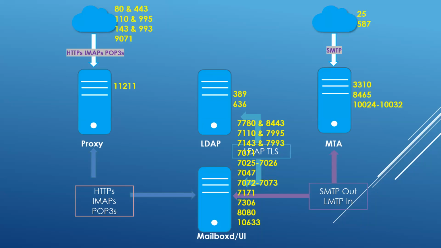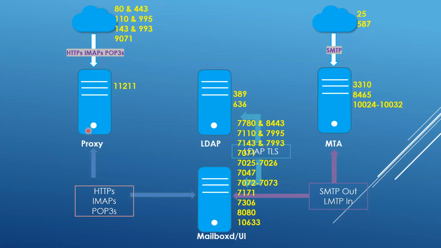Now I'll explain all the external ports and internal ports. Let's assume we have an individual proxy server, LDAP server, MTA server, and mailboxd. So when a user accesses web access, then he sends a request on 80 and 443, and proxy receives those requests on 80 and 443.